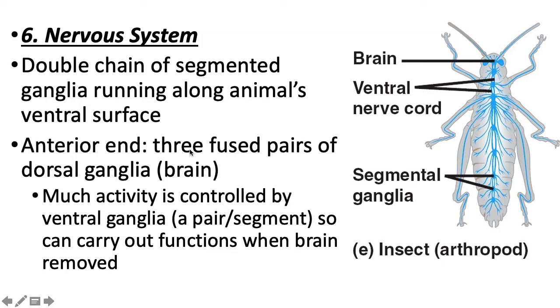So a lot of activities are controlled by the dorsal ganglion here. There have been studies where they've removed the brain, but the ventral nerve cord still carries on a lot of the functions of that organism.